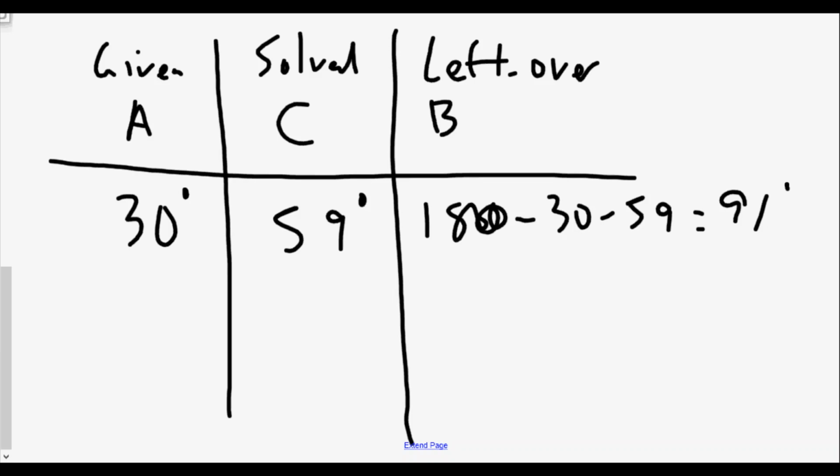So this would be one triangle formed with the given information. If you remember, little a was 7 and little c was 12.